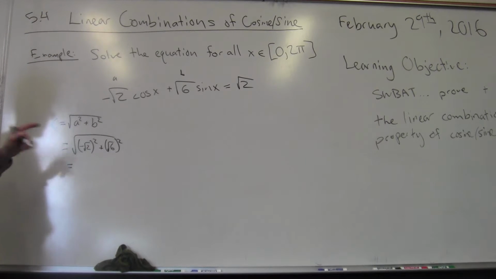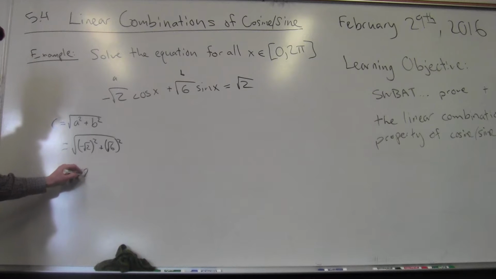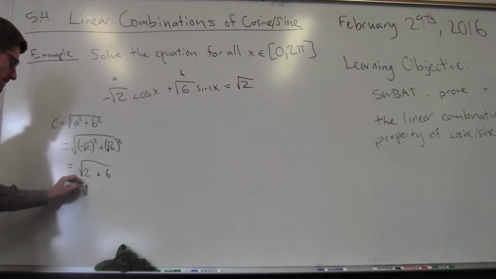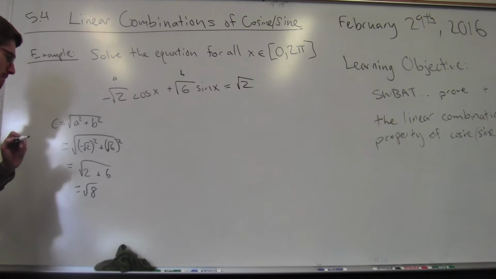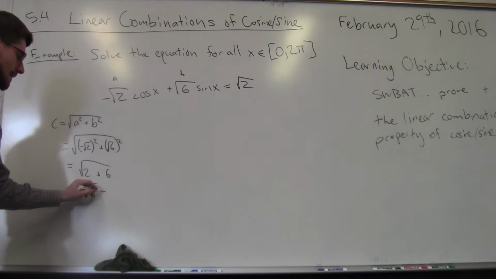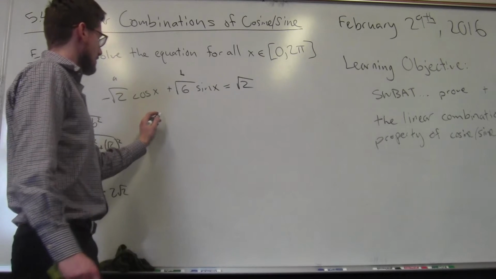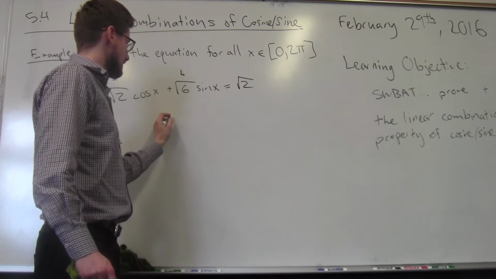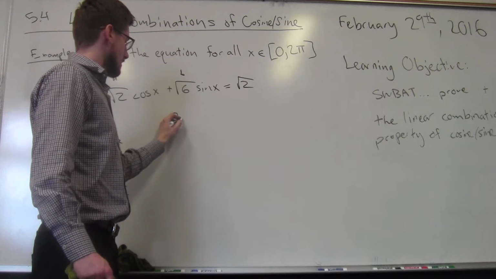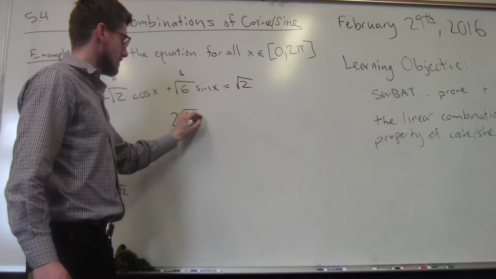Simplifying this down, this is the square root of 2 plus 6, so this is the square root of 8, which can be written as 2 square root 2. So that gives me the vertical dilation factor.